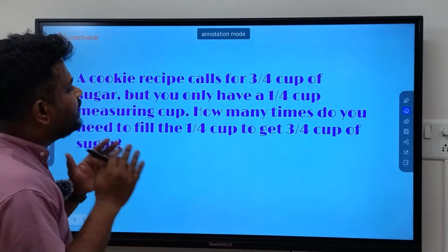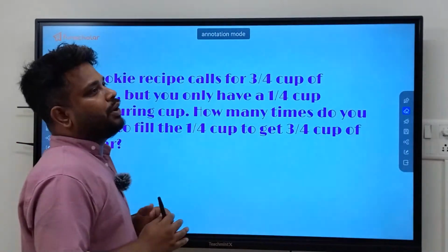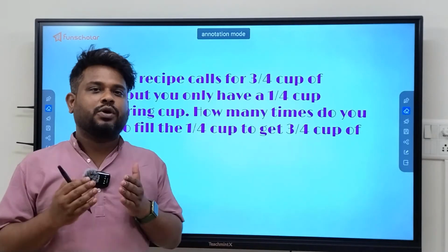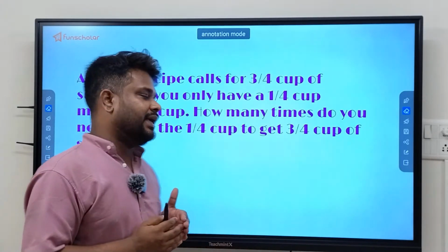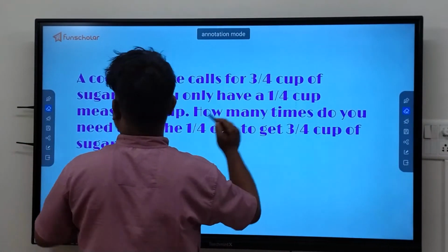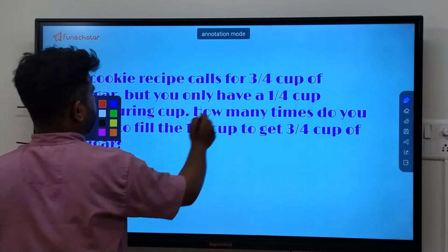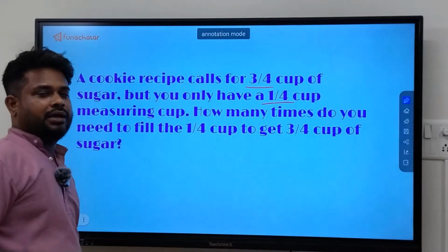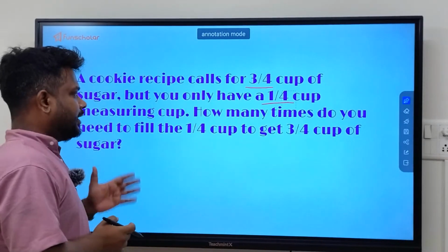This is a real life example where, when someone in your home cooks, they need these types of measurements to learn about fractions.